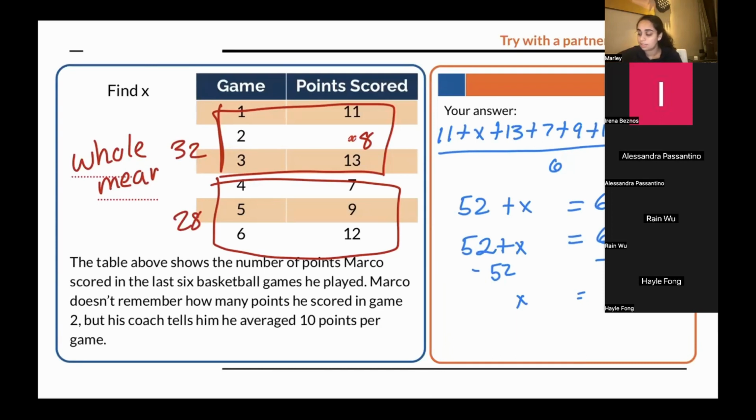Then you could divide by 3, divide by 3. 32 divided by 3 is 10.66, which equals the mean. And 28 divided by 3 is 9.33. So then if you add 9.33 plus 10.66, you get 20, and 20 divided by 2 is 10.